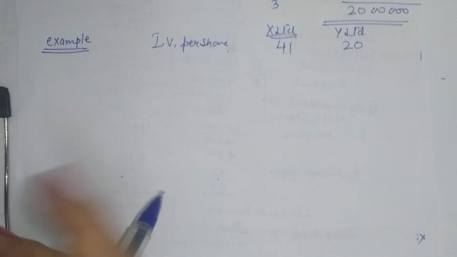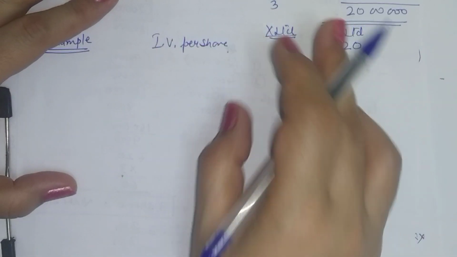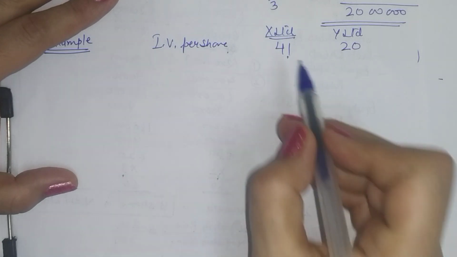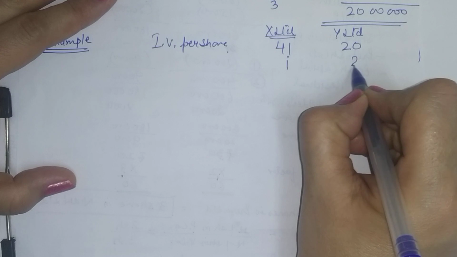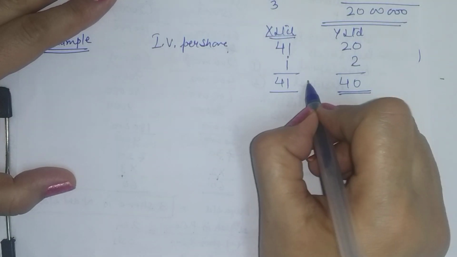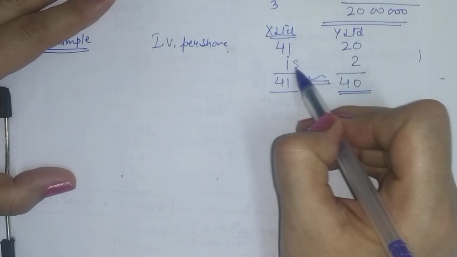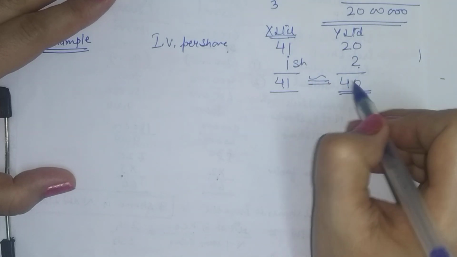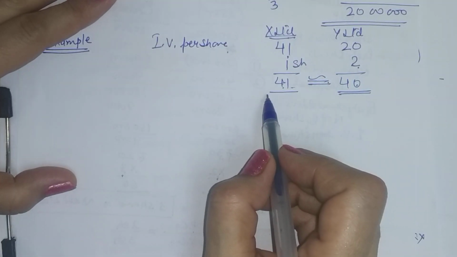So what we do is get rid of this extra part. We leave it and think about the best feasible ratio, which is easy to apply. If I leave 1 rupee, I will get a feasible ratio. So I take it as 1:2, so it is 41 and 40. The equivalence here is that against 1 share in X Limited, the person is to get 2 shares in the other company, and 1 rupee will be compensated through cash.